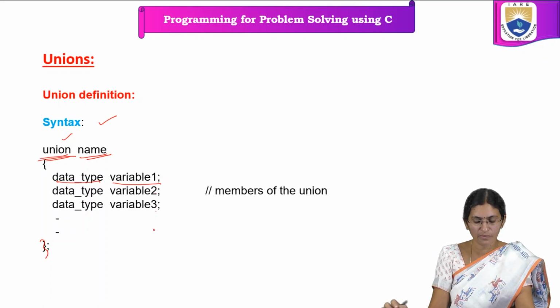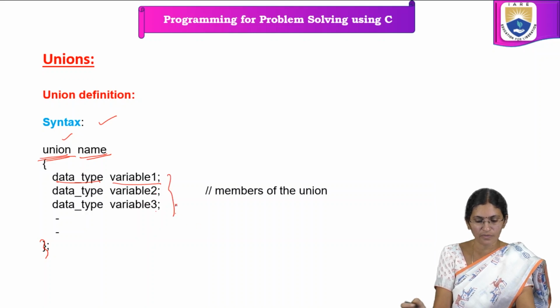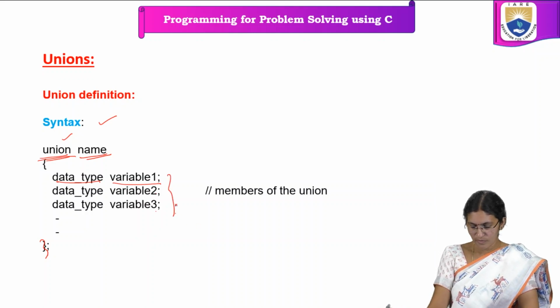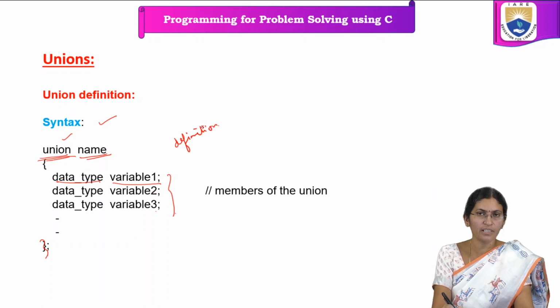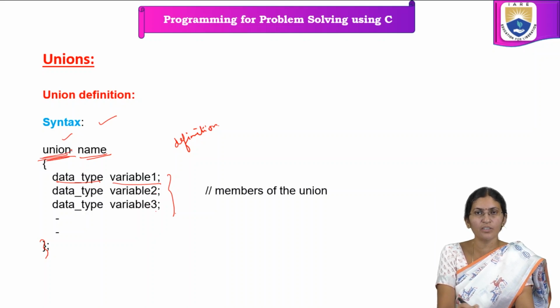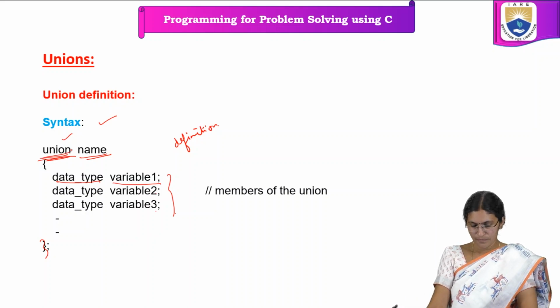You can have any number of variables, and all these are members of this union. Similar to how we define a structure, the same way we can define a union, but the keyword union has to be used here.